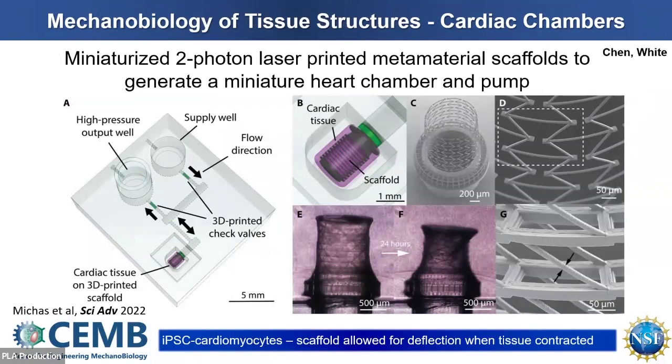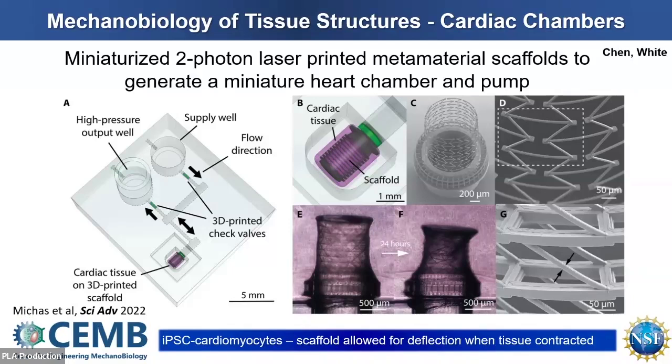And here, it's a little hard to see, I see, but this is a cardiac pump on a chip. And so again, increasing more complexity, Chris's group was looking at growing those tissues now on this 3D printed scaffold platform that allows for contraction of the tissue in a unidirectional manner.